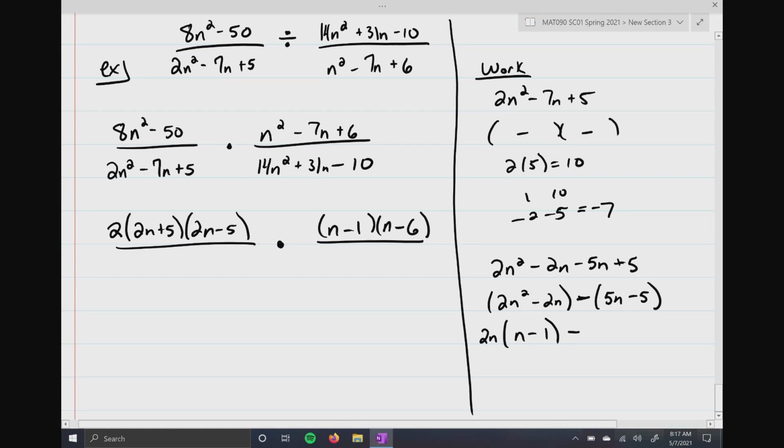So that's going to leave me with n minus 1. And then for the second grouping, I could factor 5 out to give me n minus 1. I know I'm right because the parenthesis binomials are the same. So I get that n minus 1 out front with the 2n minus 5 in the second binomial, and I'm going to write that directly underneath.